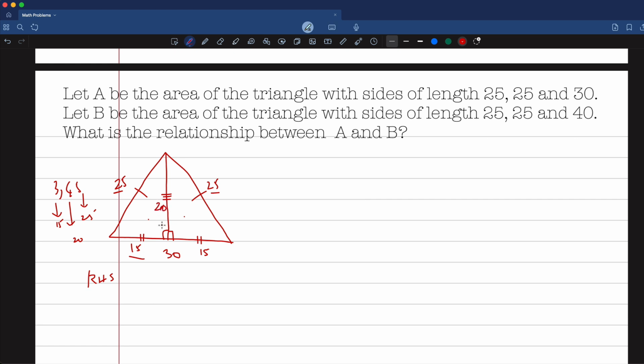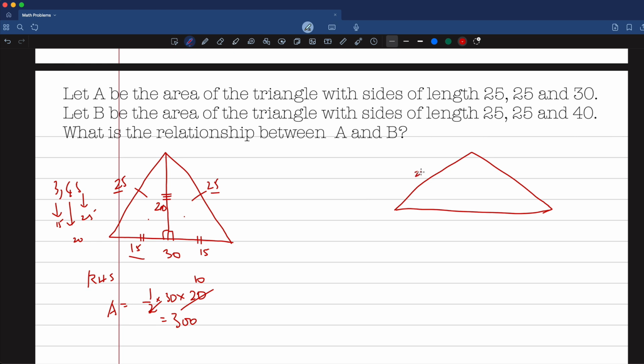So this is 20. And therefore the area A can be given as half times base times height, giving you 300.